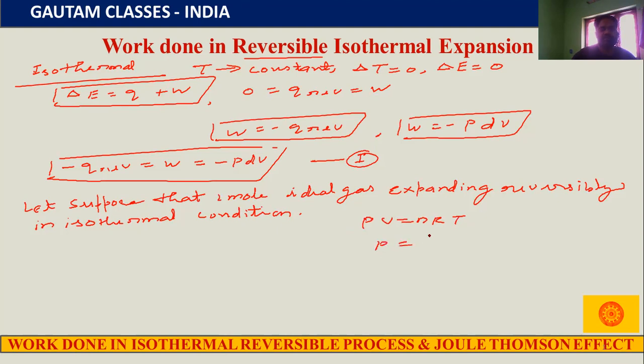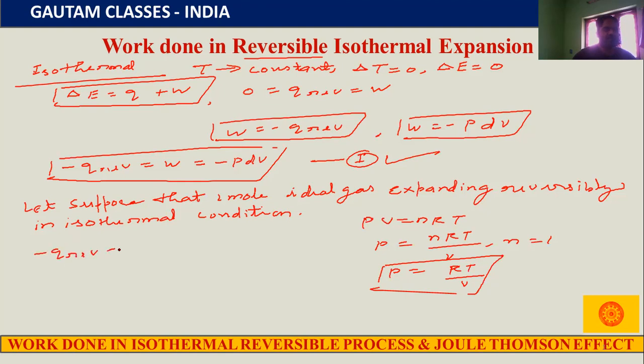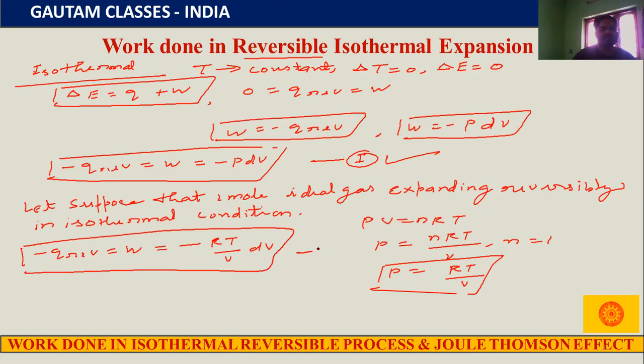So in place of P we can write nRT upon V, and because the number of moles is 1, directly RT by V. We substitute that P value in equation number 1, so Q reversible is equal to W is equal to minus RT upon V dV. That is equation 2.